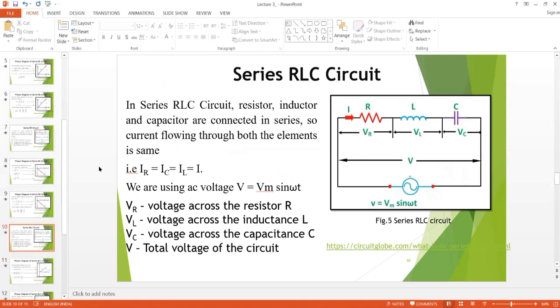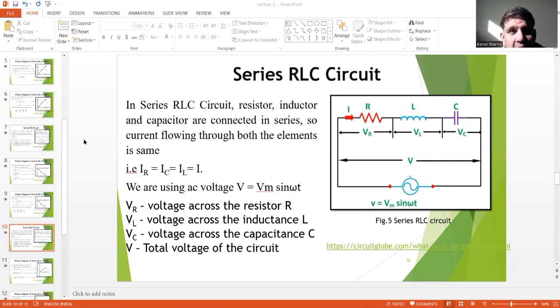Now you can see we are going towards larger circuits, that is RLC circuits. In this RLC circuit, R, L and C are connected in series, in such a way that the voltages cannot be added.